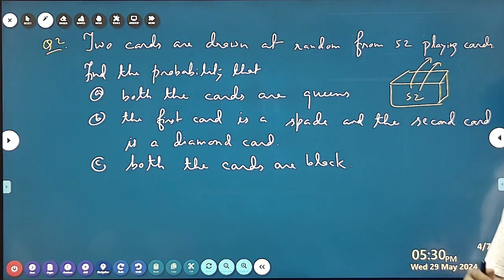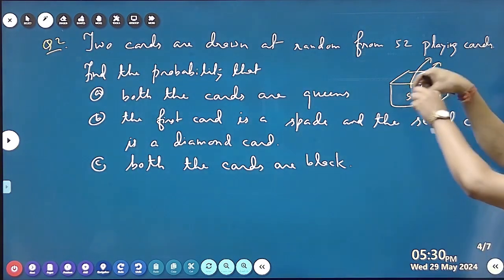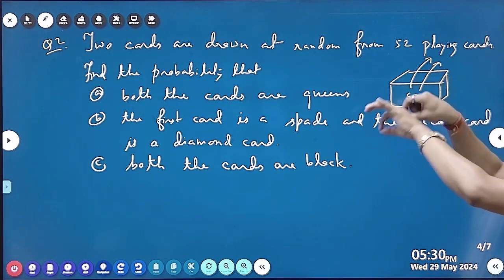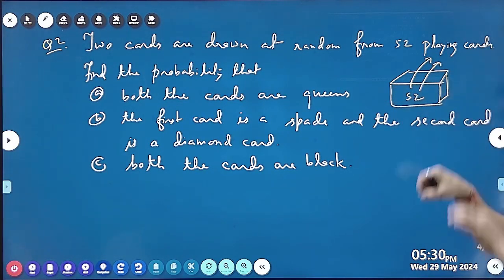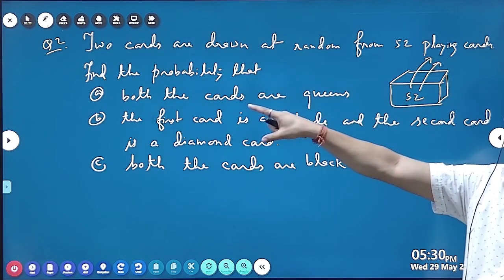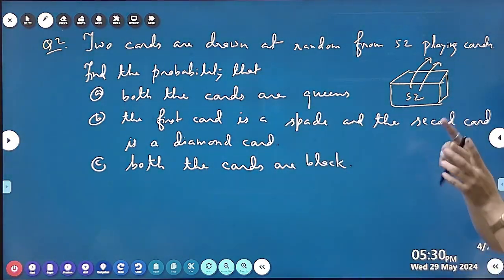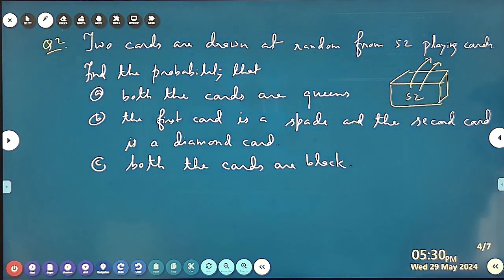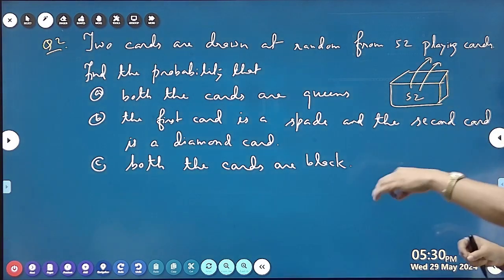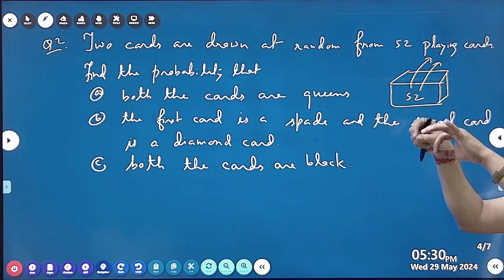Now, how many such possible, this time it will come in terms of pairs, because 2 cards are taken. So this is not a single probability. This probability will come in terms of pairs, because you are taking 2 cards together. And we are not looking into the box, so we do not know which 2 cards are going to come in your hands, right?